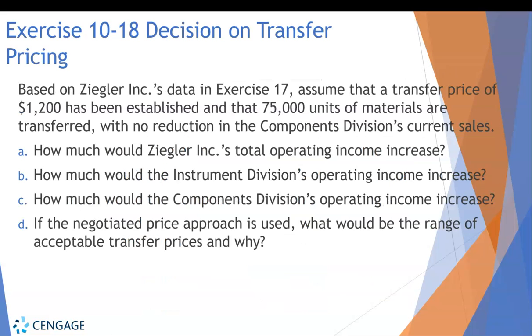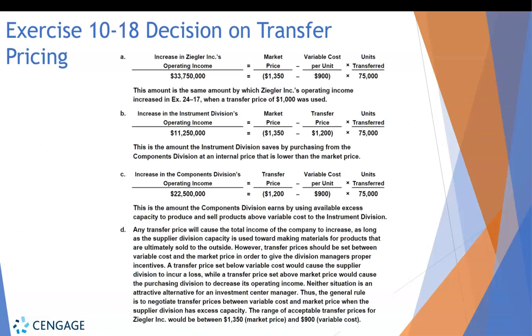Based on Ziegler's data in the previous exercise, assume that a transfer price of $1,200 has been established and that 75,000 units of materials are transferred with no reduction in current sales. Then what's going to happen? In that case, with a transfer price of $1,200, the operating income will show the market price minus the variable cost times the units transferred as the overall increase.